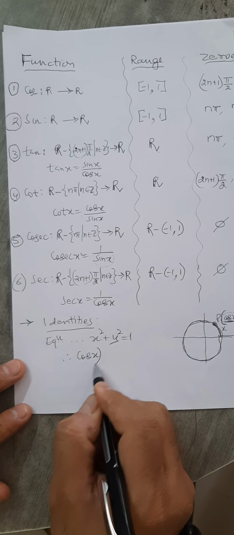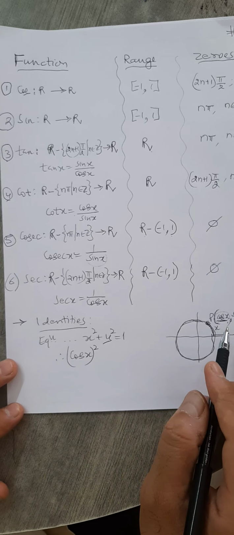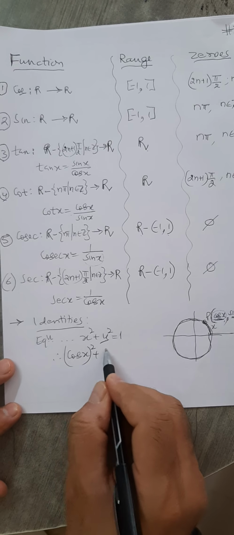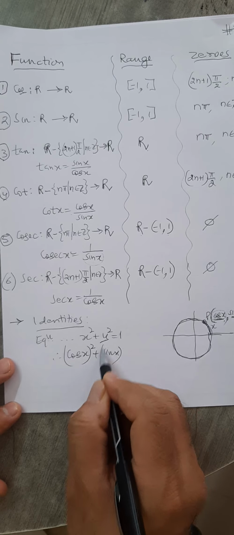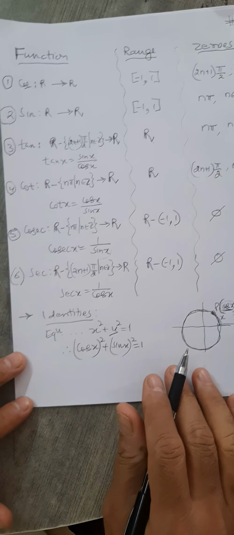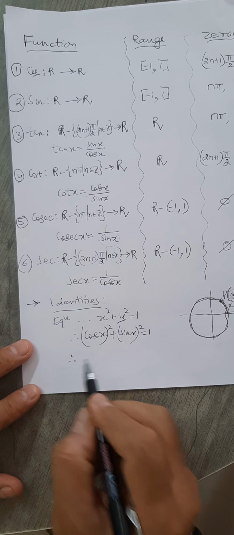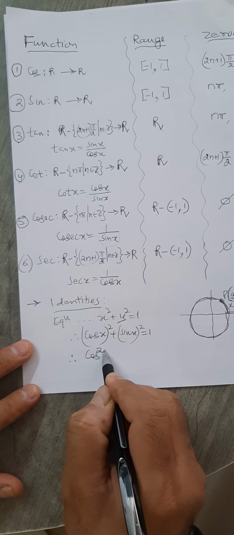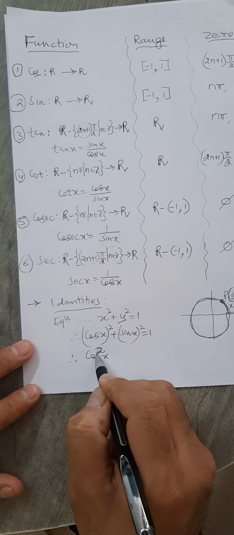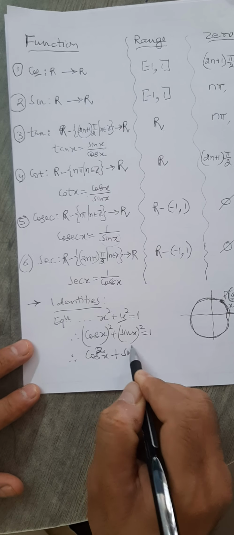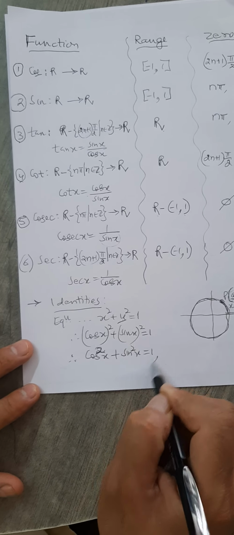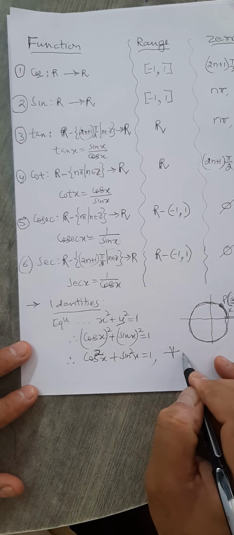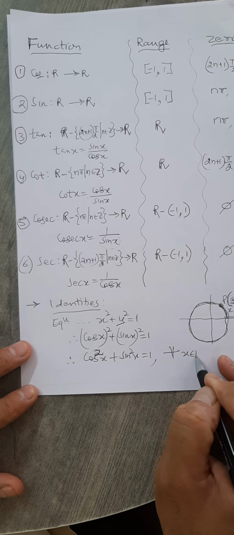So you can write cos x the whole square plus sin x the whole square equals 1. So this is your standard trigo identity. Usually the whole square in trigo is written like this: cos square x plus sin square x equals 1. This is true for every x, remember, belongs to R.